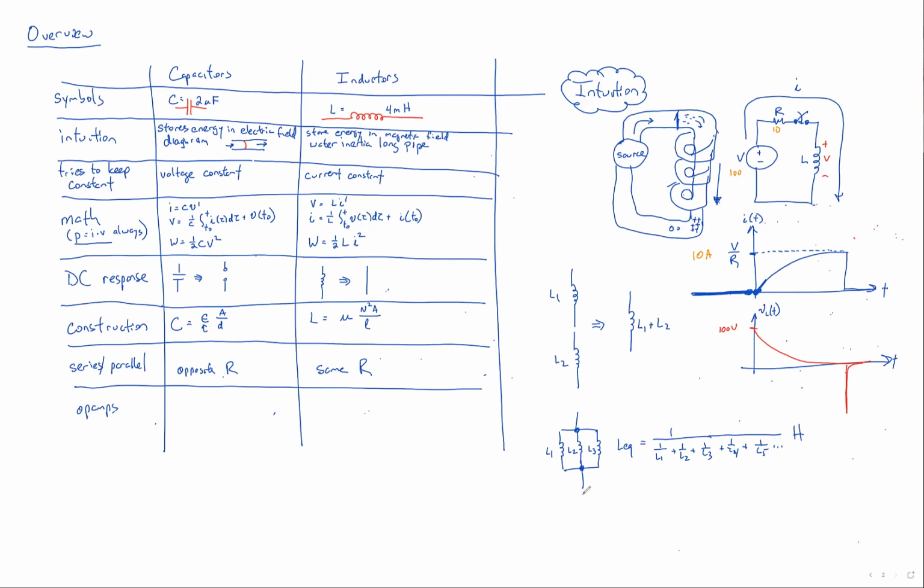In the particular case that you only have 2, whether inductors or resistors, while it is true that it's equal to this, it's a whole lot easier figuring it out by product over sums. Algebraically, these two things are related. So this is in series, this is in parallel.